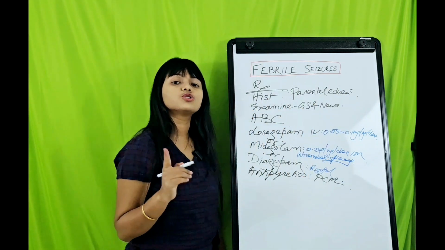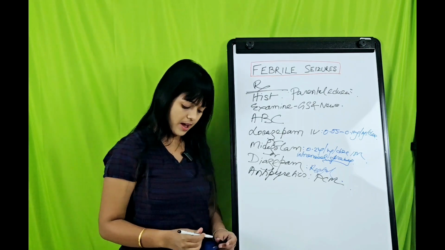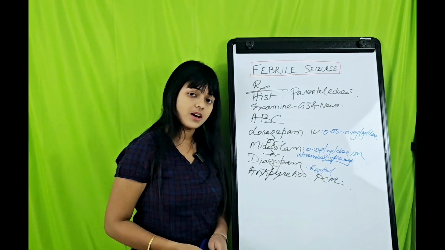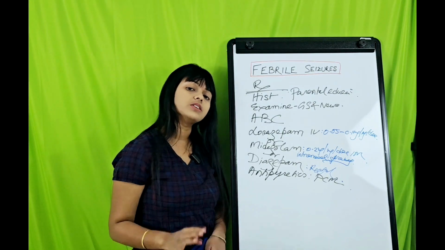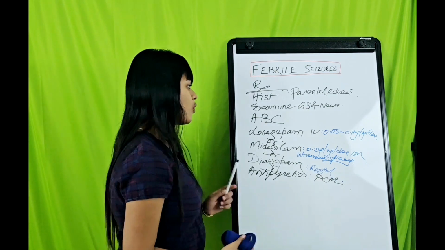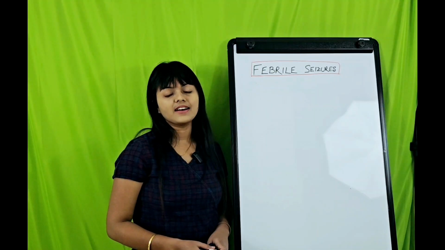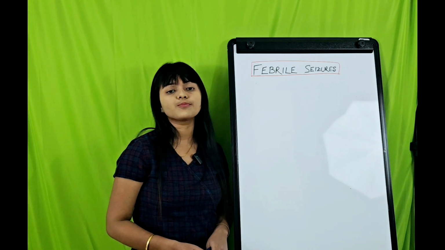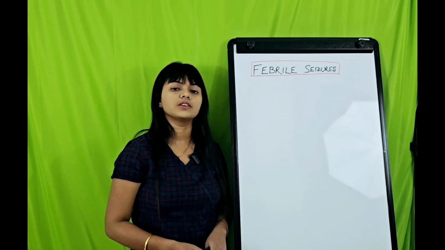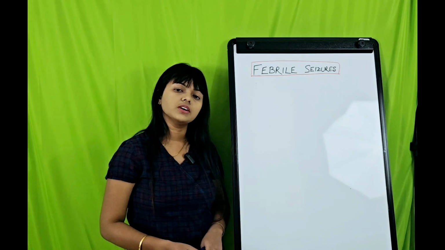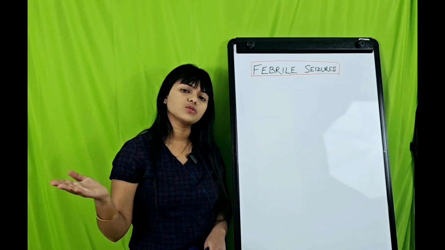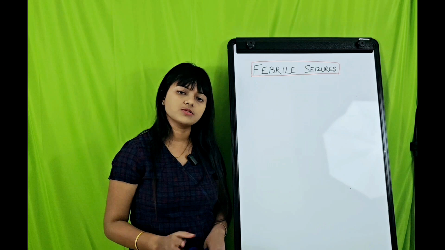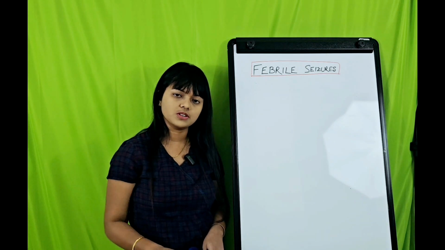You need to assure the parents that if your child is having a simple febrile convulsion, then there is nothing too much to worry about. And there is no role of giving any prophylactic anti-epileptic drug in case of febrile seizure. Historically it was given, phenobarbital, valproate. So now it's not recommended, not needed.